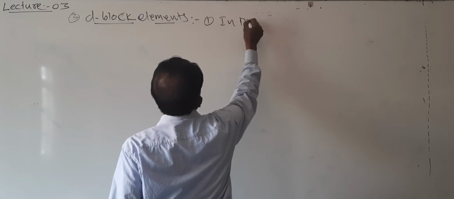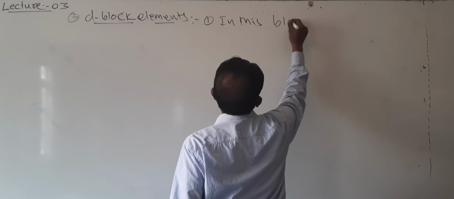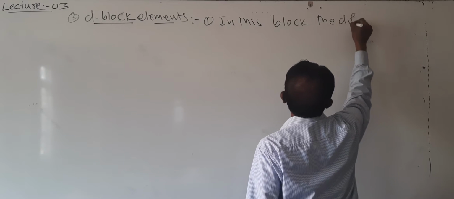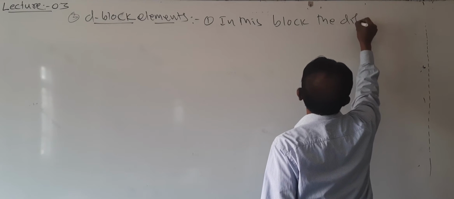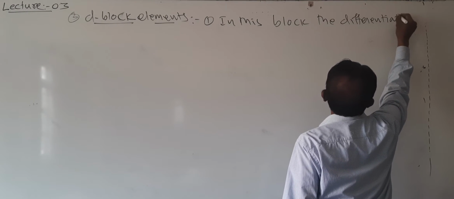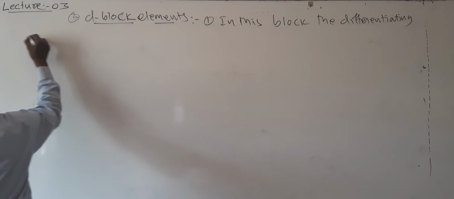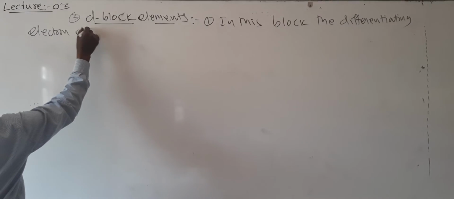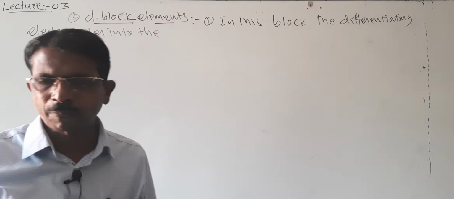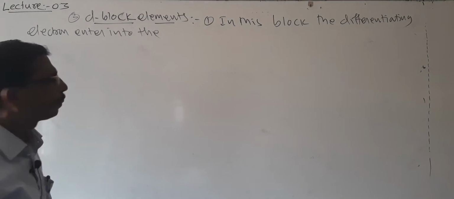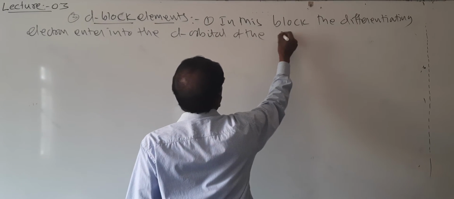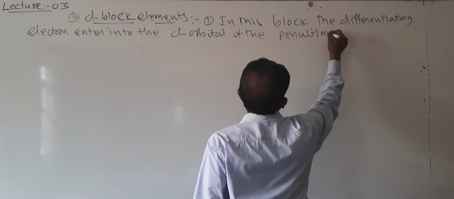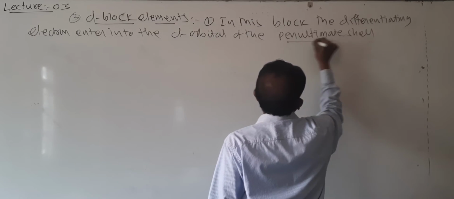Number one, in this block the differentiating electron enters into the d orbital of the penultimate shell.